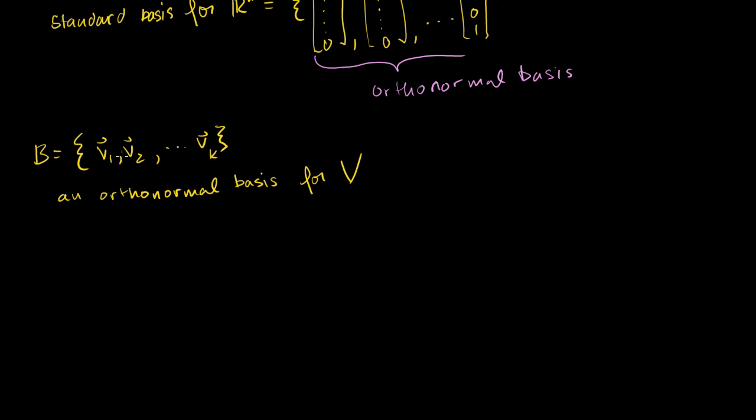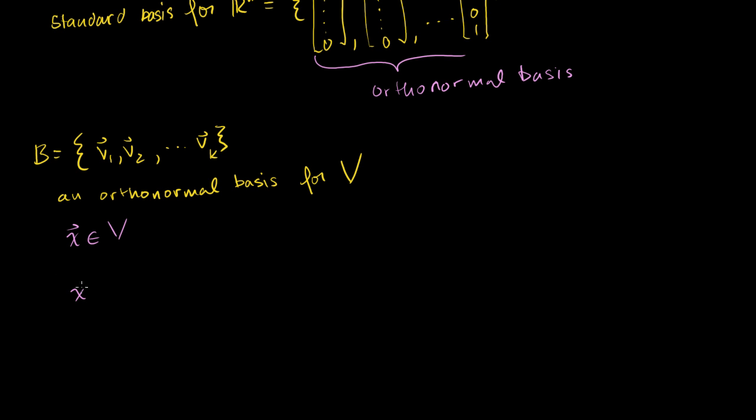I'm claiming that the coordinate system with respect to this is good. But what does it mean to be good? I mean, the standard basis is good, but that's just because we use it and it seems to be easy to deal with. But when I say good in this context, what do I mean? So let's experiment. If I say that some vector x is a member of V, that means that x can be represented as a linear combination of these vectors up here.